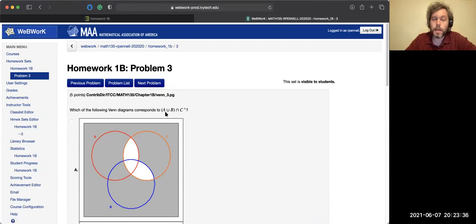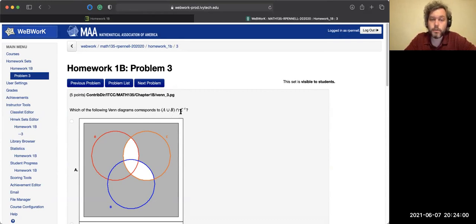Okay, now this one's a little bit more complicated. It has a parenthesis here. How I would suggest doing it is thinking about the parentheses first, understanding what the parentheses is talking about, and then you can tackle the whole problem. So the parenthesis says A union B. A union B is putting all of A and all of B together.